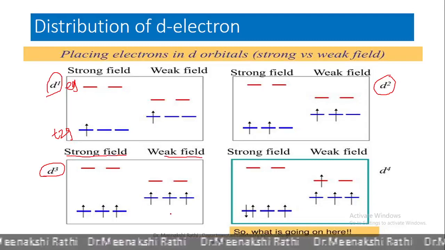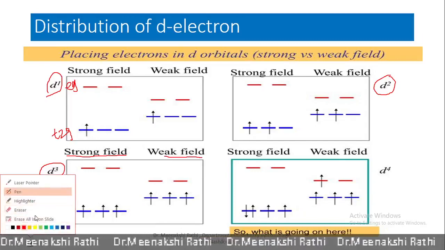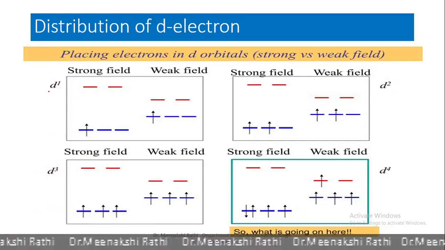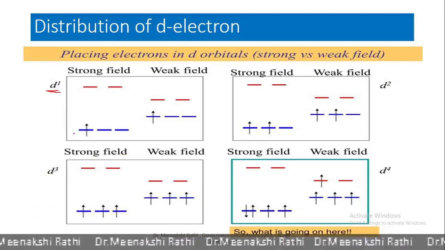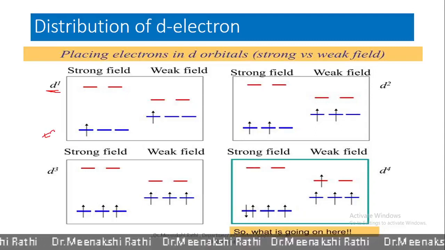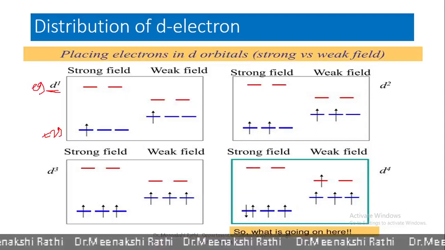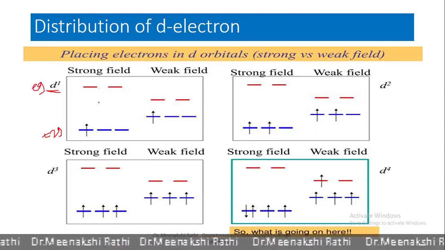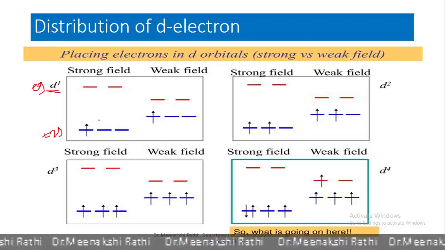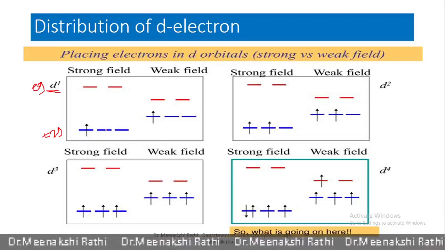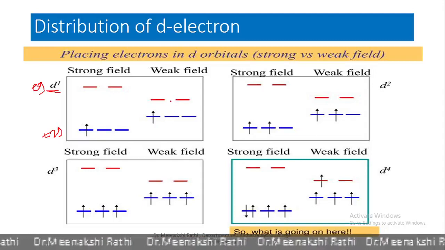Here you can see in case of d1, only one electron is there. Here I have shown t2g and eg orbitals; the blue line indicates t2g and the red line indicates eg orbitals. Here, t2g and eg are in strong field, so this distance is more, while here they are in weak field, so this distance is less.